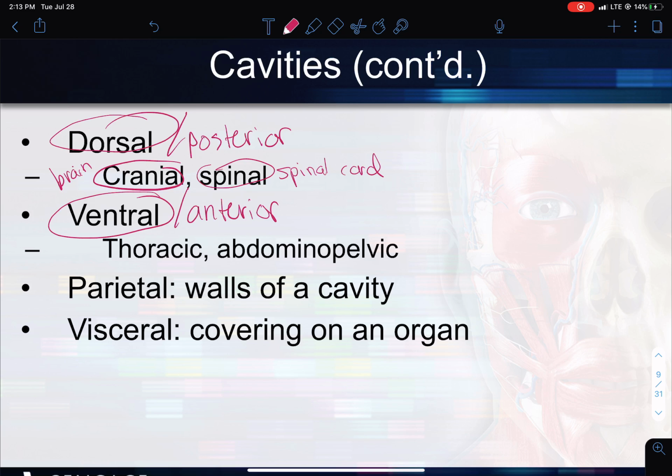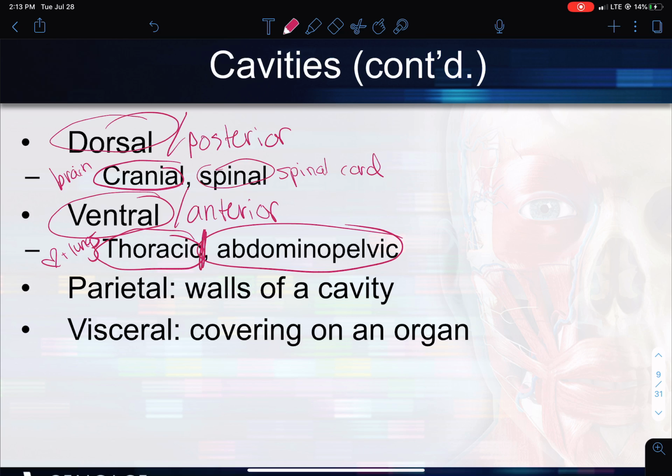In the anterior section, we have the thoracic cavity and the abdominal pelvic cavity. This is just separating out what is contained within the central portion of the human body. The thoracic cavity is going to have the heart and lungs, and the abdominal pelvic cavity is going to have pretty much all the other organs. So stomach, liver, kidneys, the urogenital system, everything inferior in that cavity.